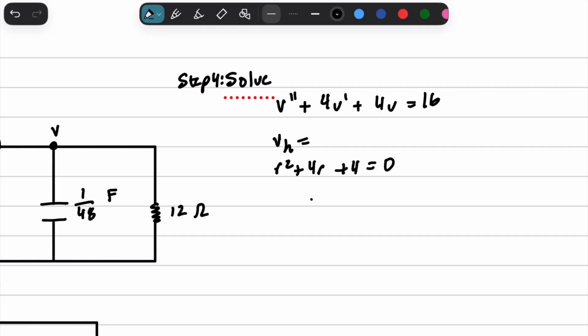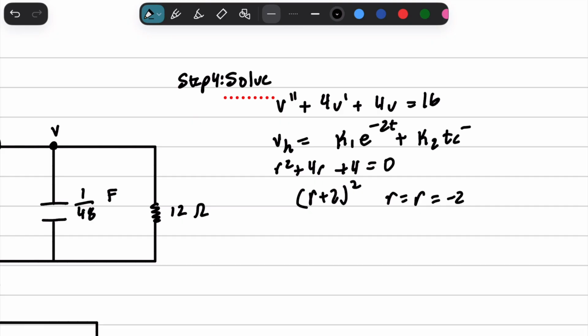And we've got (r plus 2) squared, right? This is one of our known square things, and so we actually get that r is equal to negative 2. So we're going to have it in the form of k1 e to the negative 2t plus k2 t e to the negative 2t.